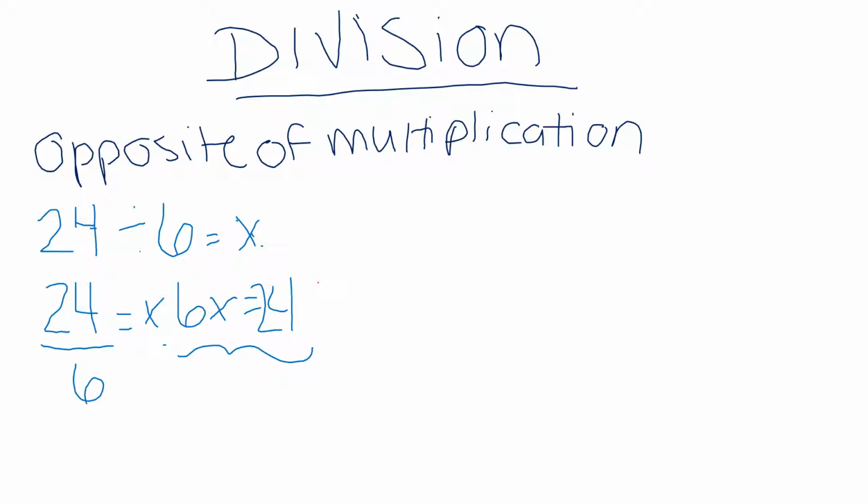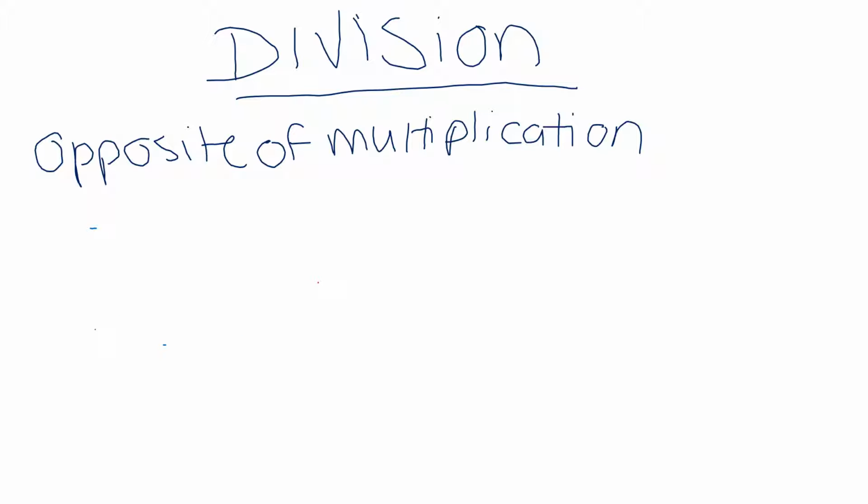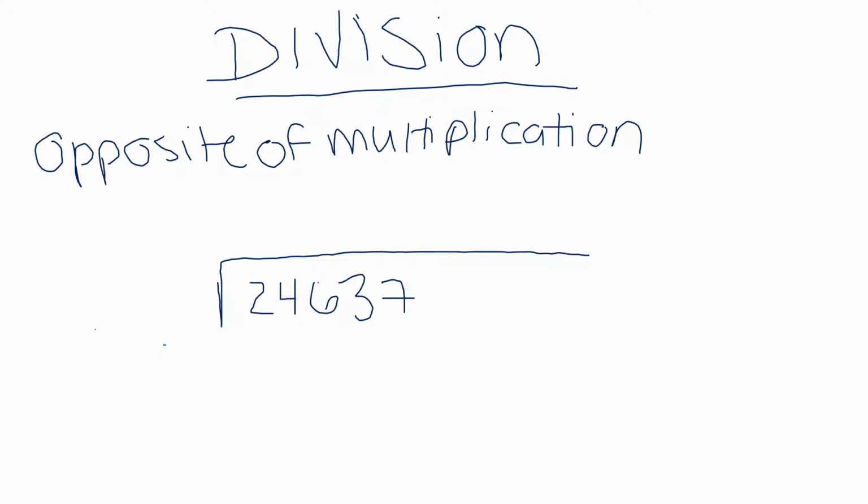So, I'm going to do a long division problem, something where I'm going to have to do it out. So let me erase all the examples so I can do an example of a long division problem. Alright.